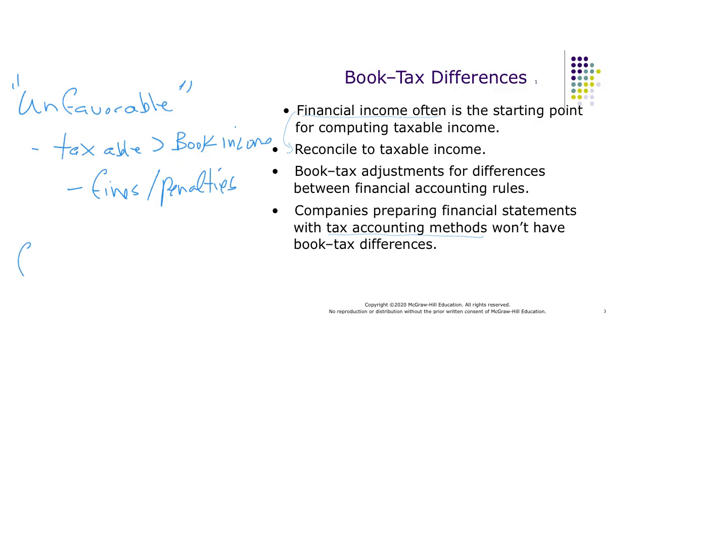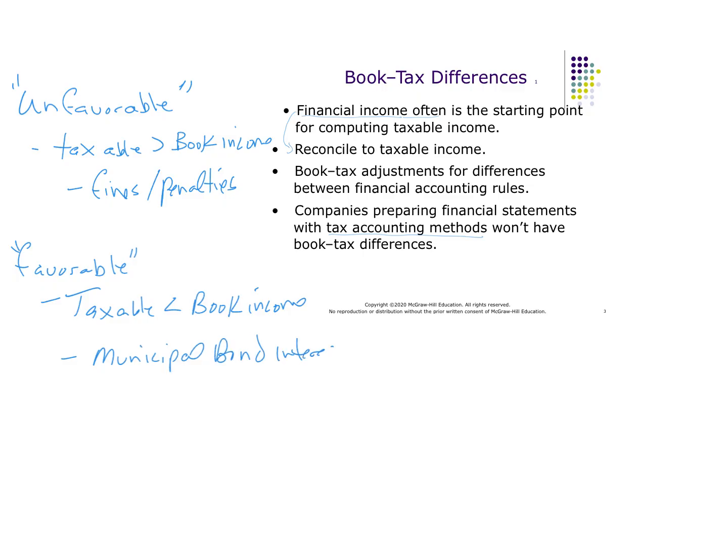Now, you also have, of course, favorable book tax differences. What that means is taxable income is less than book income. A great example of this is municipal bond interest.